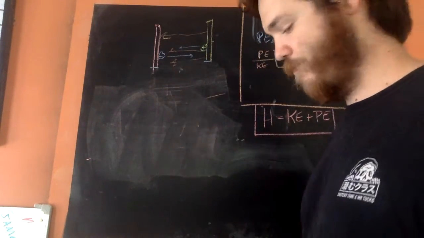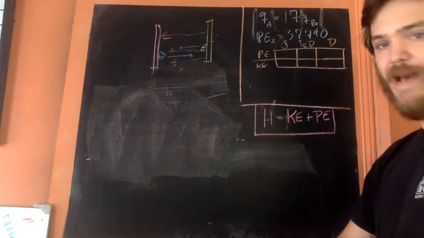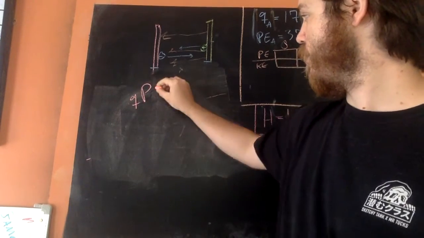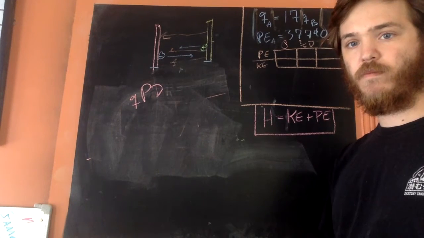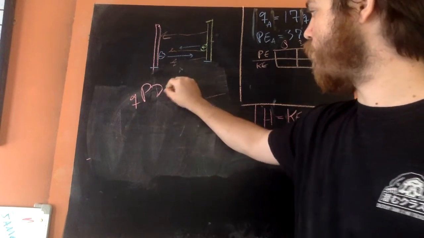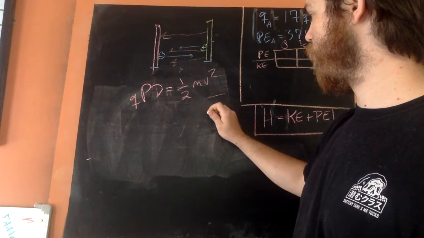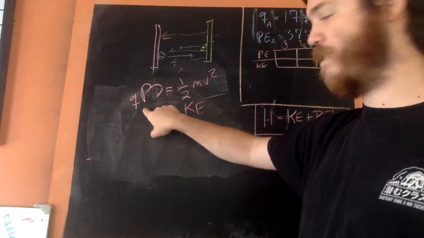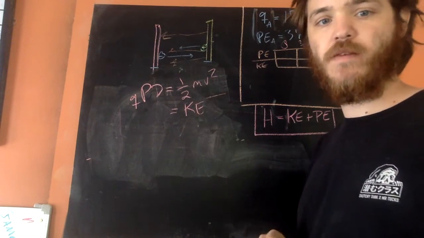Let's say now that what we have is QP times D is equal to 1/2 mv squared, which we can just write as KE because we have a linear form on this side and it's a lot of work to calculate it on this side, so we don't need to do that.